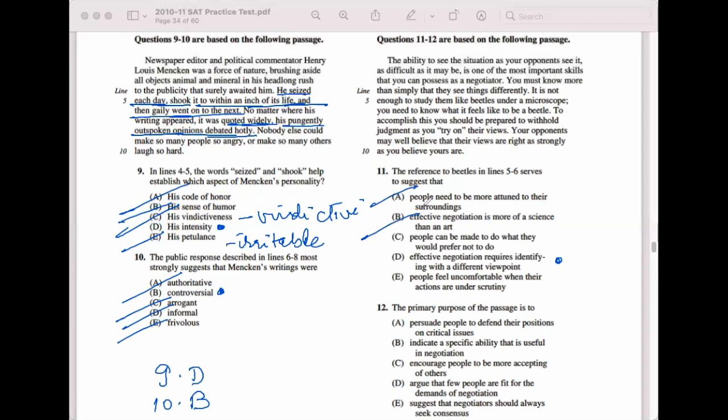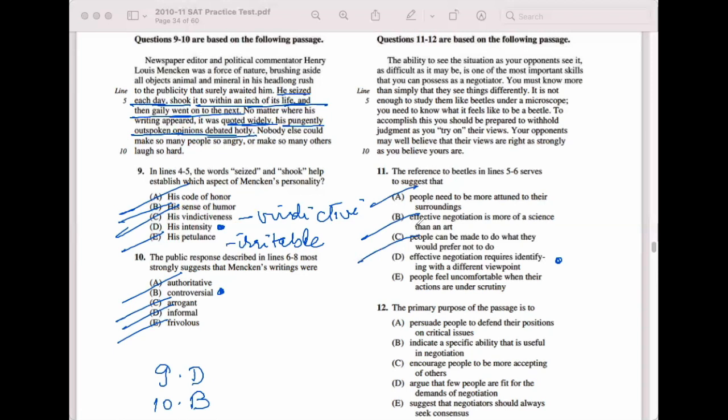Option C, people can be made to do what they would prefer not to do. That's not what the beetle example is saying, right? The beetle example is saying that you need to be able to feel like a beetle. You need to be able to get into the mind of the negotiator. What you do with that information comes later. So C is not relevant to the beetle example.